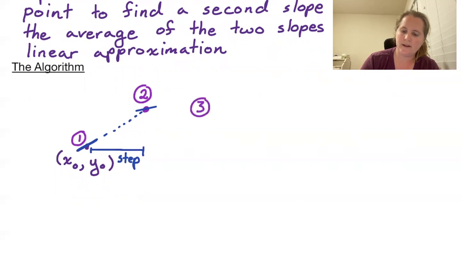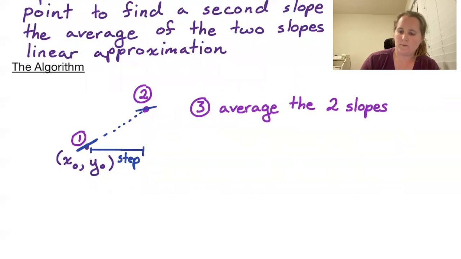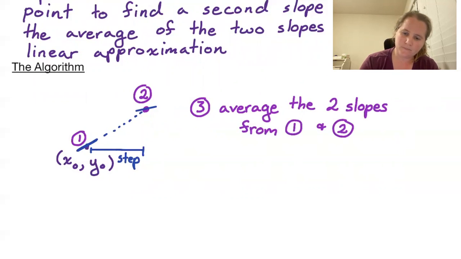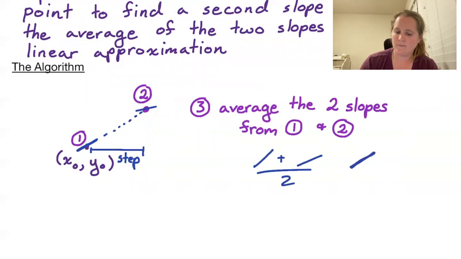So next up, we will average the two slopes from point 1 and 2. And then we'll take that average. So we had one that was like this and one that was like this. So the average should be somewhere sort of in between, right?